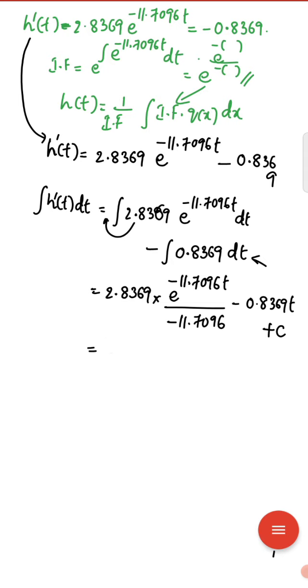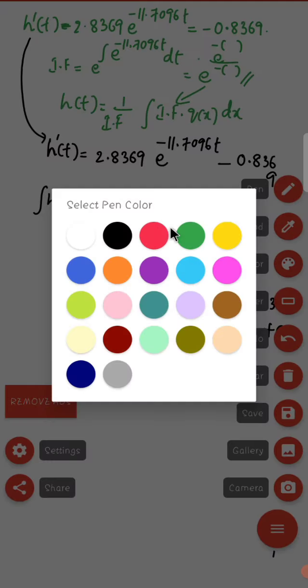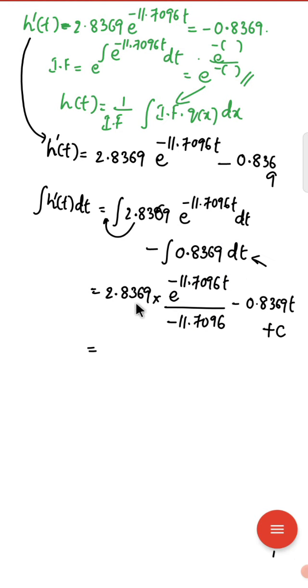Now what is the value we have? This number, 2.8369 divided by minus 11.7096, is equal to minus 0.2423. So h of t is minus 0.2423 e to the power of minus 11.7096 t minus 0.8369 t plus c.